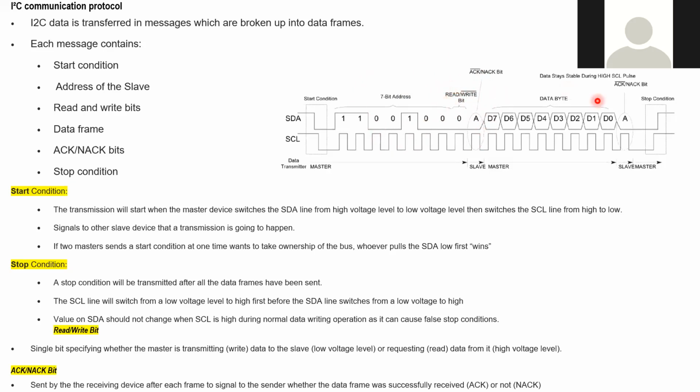And this is my data byte. If I am going to write, my data byte will move from master to slave. If I have to read, it moves from slave to master. Once I have received my data, the acknowledgement is automatically sent. I told you there are 2 acknowledgements: one after identifying the address, and the next after receiving the data.